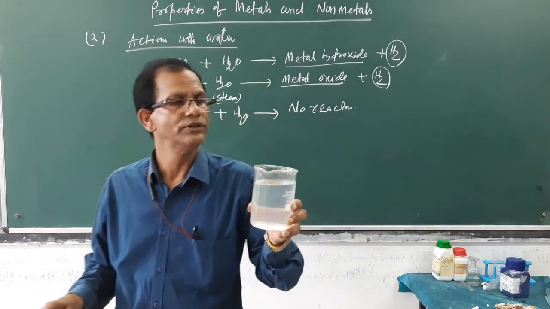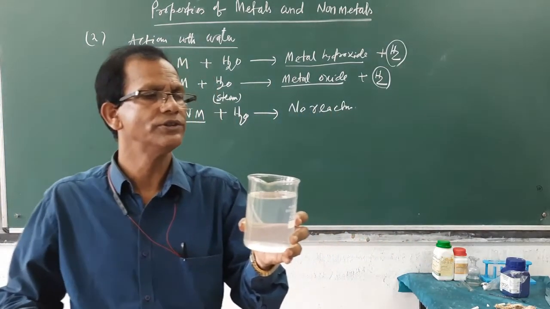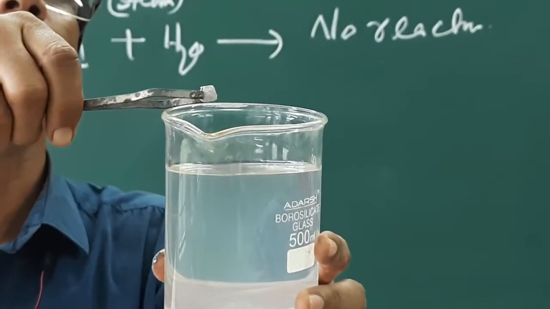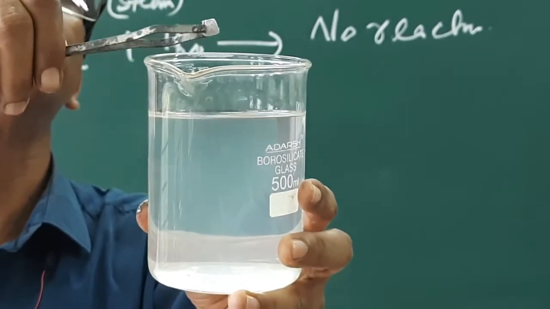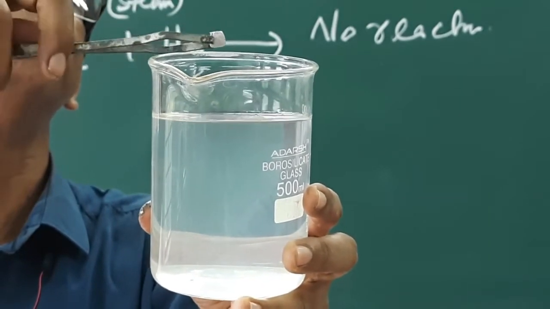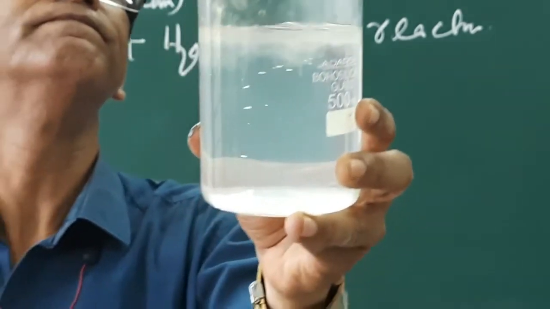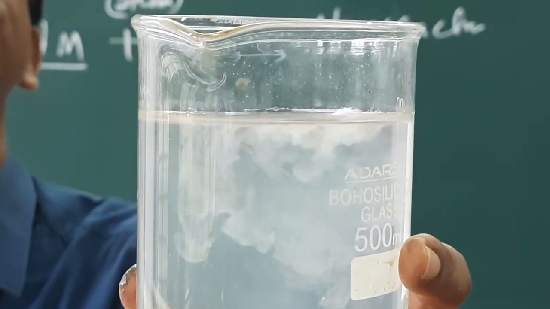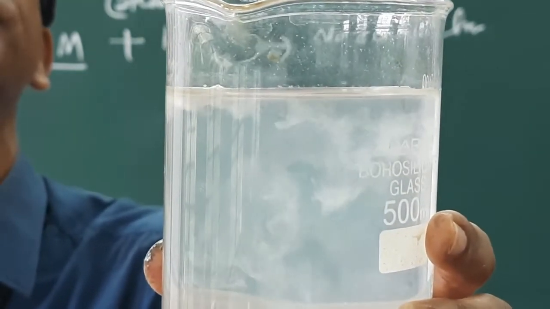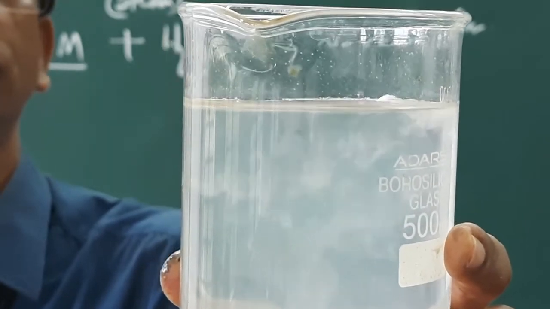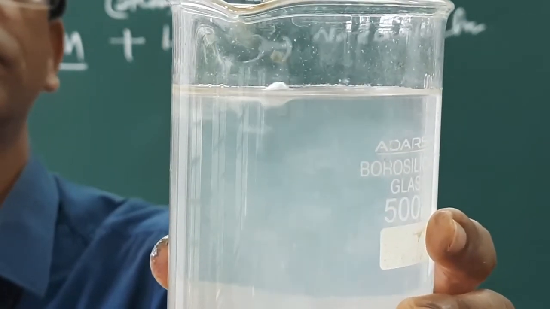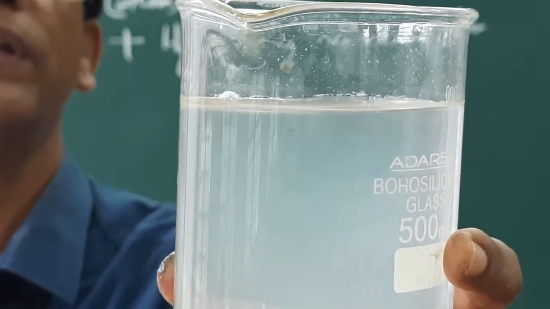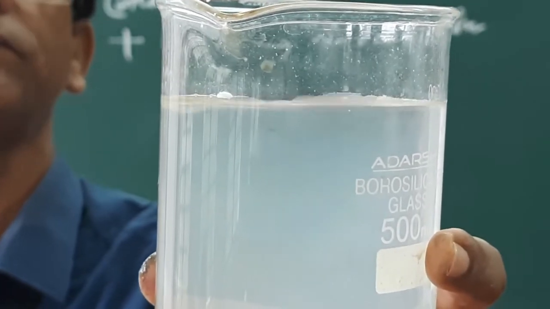I have taken water in the beaker. And I am adding what? Sodium to the beaker. Sodium metal. You see the reaction. Sodium is reacting with water because sodium is a very reactive metal.